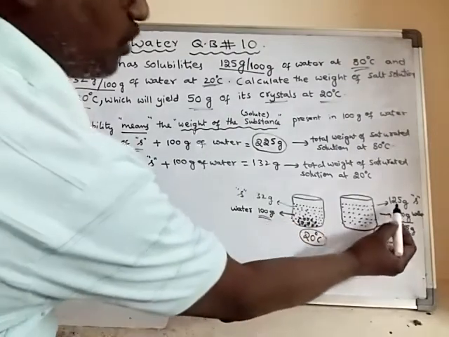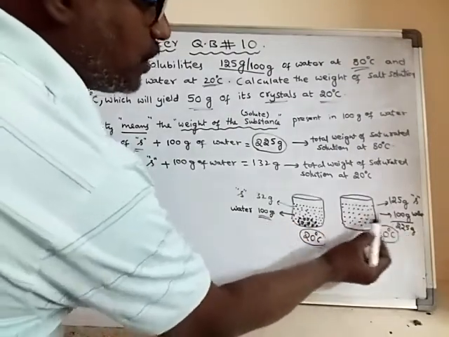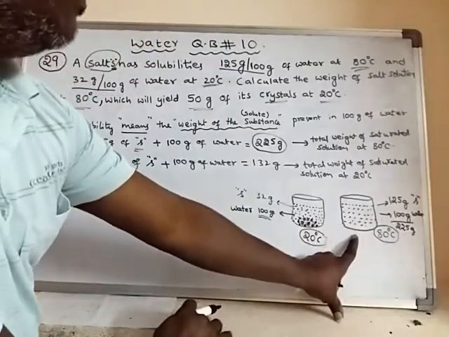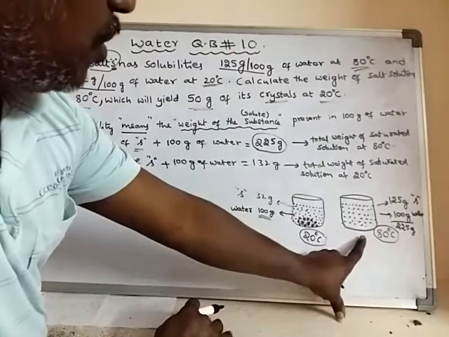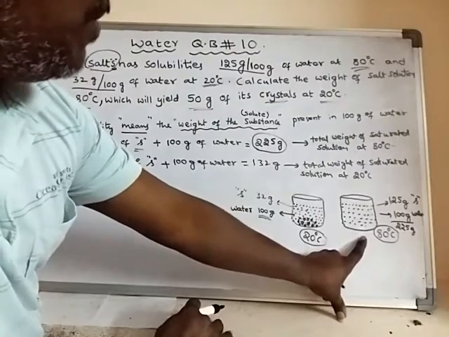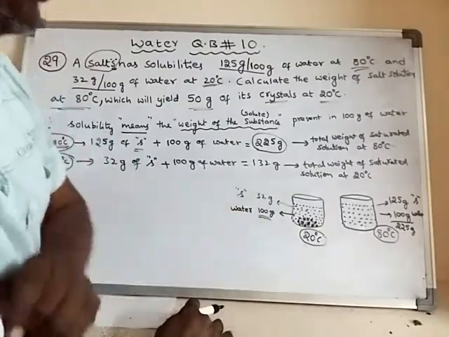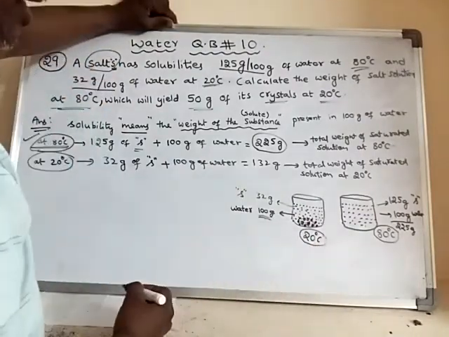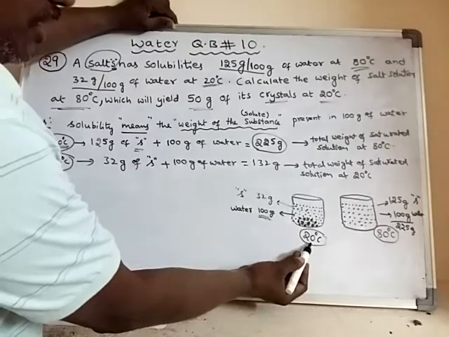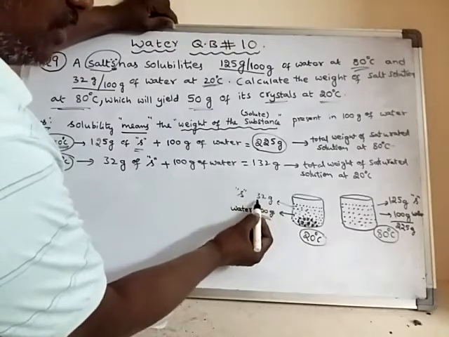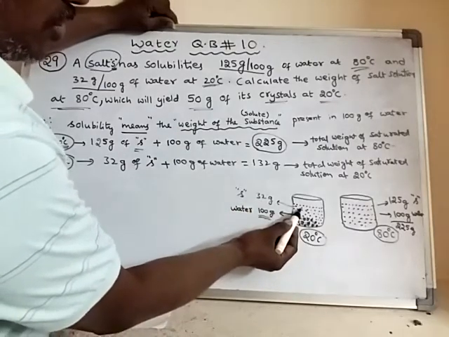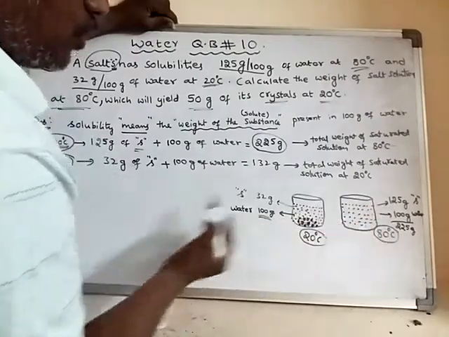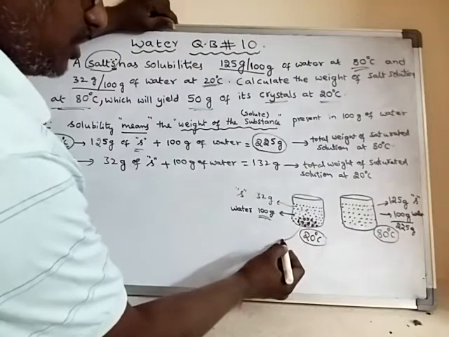Out of 125, because we have dissolved 125 grams in the solution, but the solution is cooled to 20 degrees centigrade. At 20 degrees centigrade, as only 32 grams can dissolve in water, the remaining amount of the substance will come out. That means these crystals.